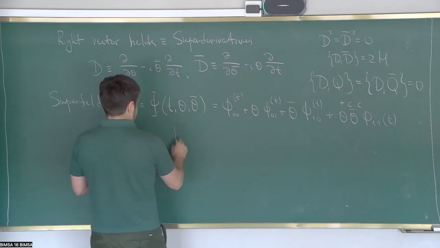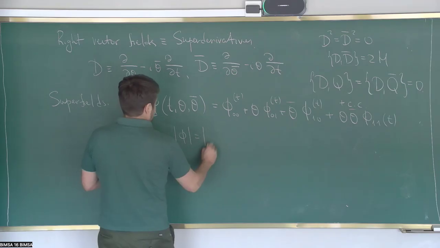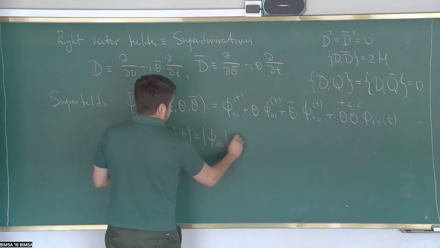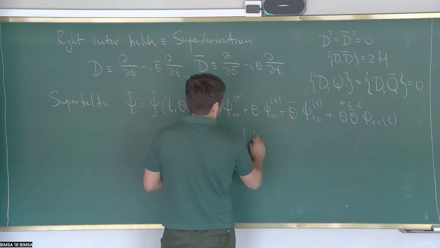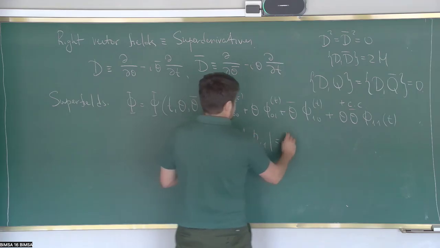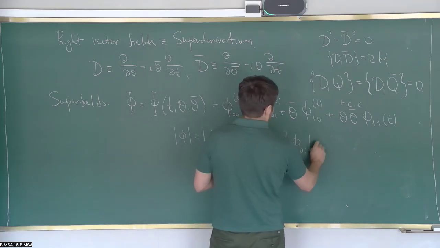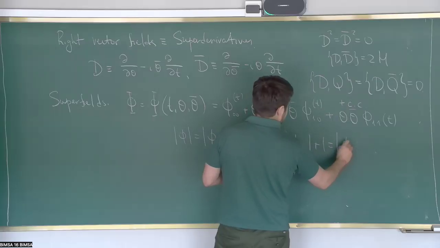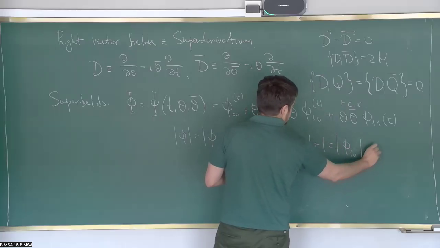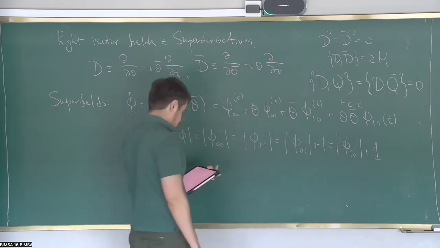So the grading of phi is equal to the grading of phi 0,0, equal to the grading of phi 1,1, equal to the grading of phi 0,1 plus 1, equal to the grading of phi 1,0 plus 1.